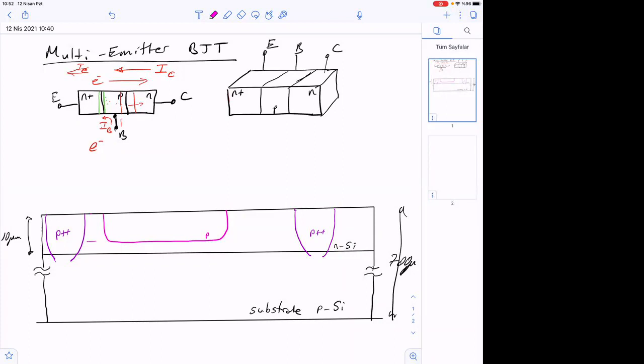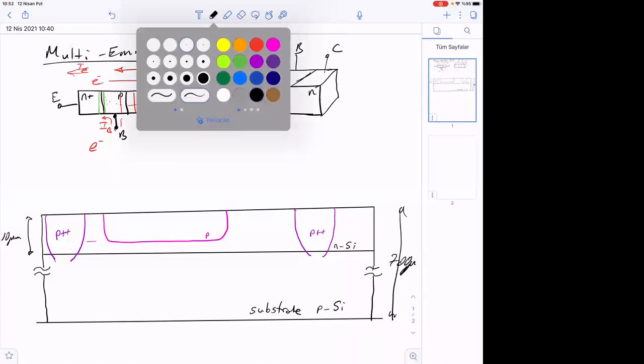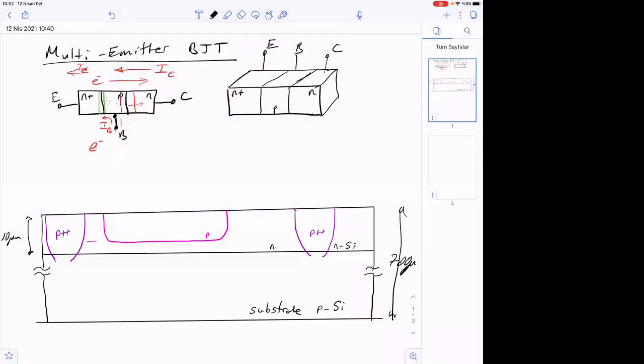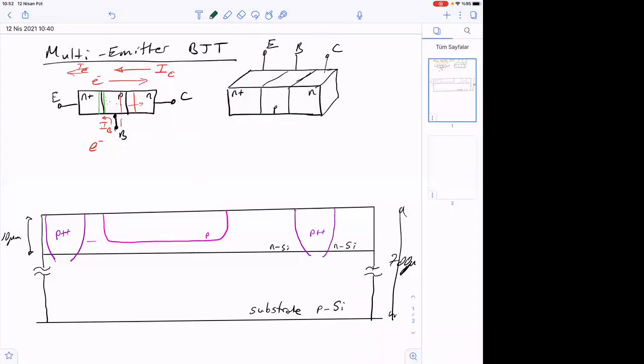And this region again is N-doped silicon. And then we dope, let's say, inside with N+.